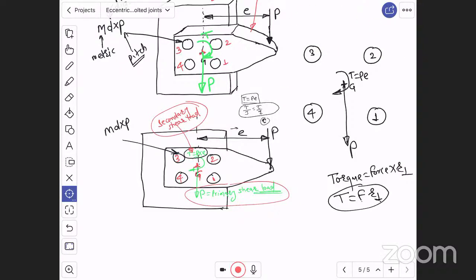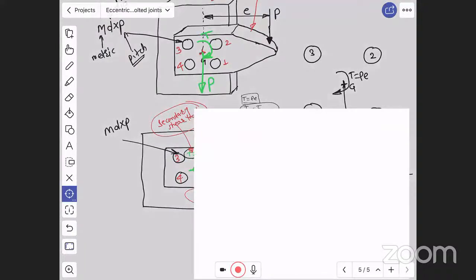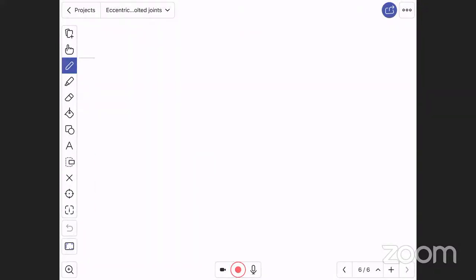Now let us do the analysis for this, right? Now see here, the same diagram I am considering on large scale. This is bolt number 3, bolt number 2, bolt number 4, and bolt number 1. These are the 4 bolts here, and load is acting through the CG.